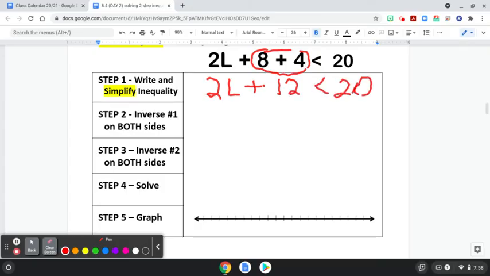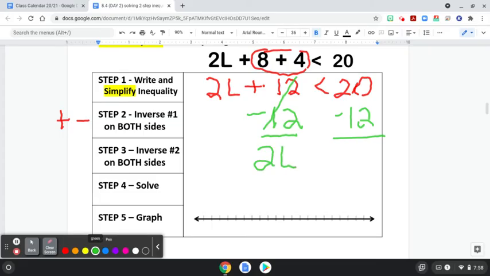Now I'm ready for my first inverse, which will typically be addition or subtraction. And I see that I'm adding 12, so I'm going to take that 12 away from both sides. The 12s are opposite, so they cancel each other out, but the 2L term is still on that side. Then comes my less than sign between them. Remember that inequality symbol stays the same, and 20 minus 12 is just 8.